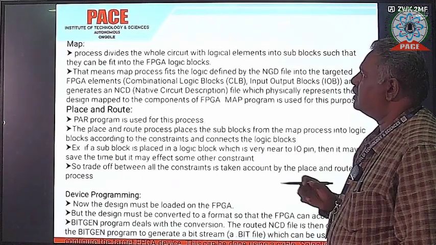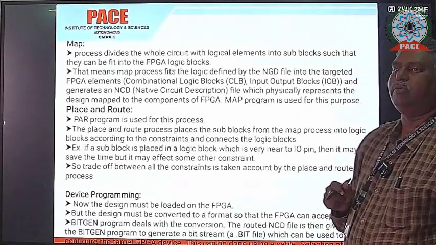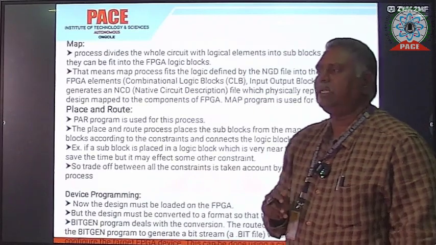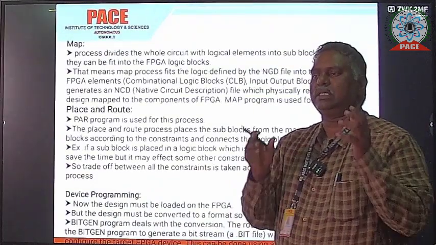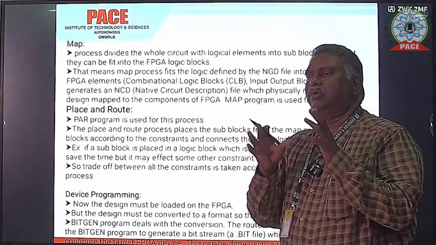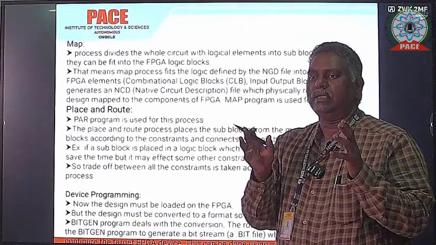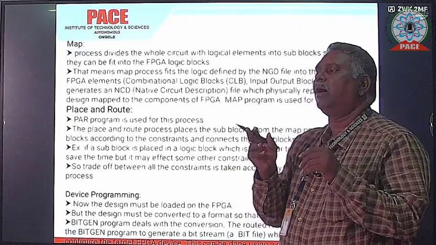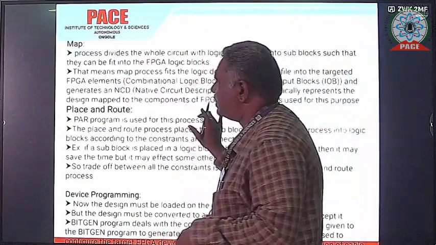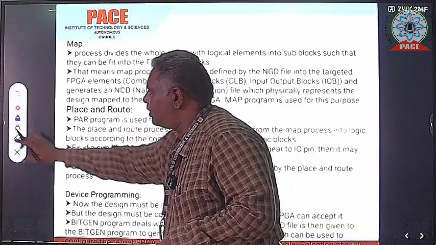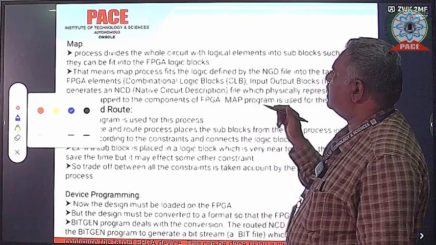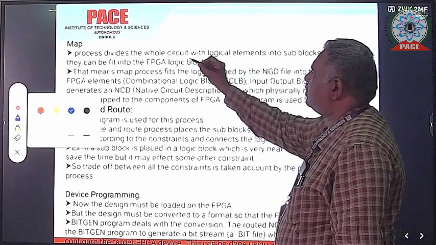The second point is mapping. What is meant by mapping? Whatever circuit we designed is going to be interconnected. That interconnection and all things will be done by using the mapping technology. All the circuit with logical elements goes into subblocks.